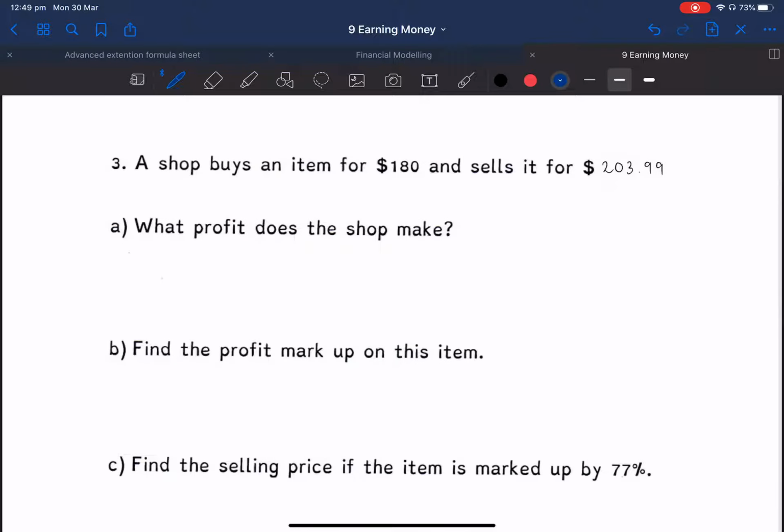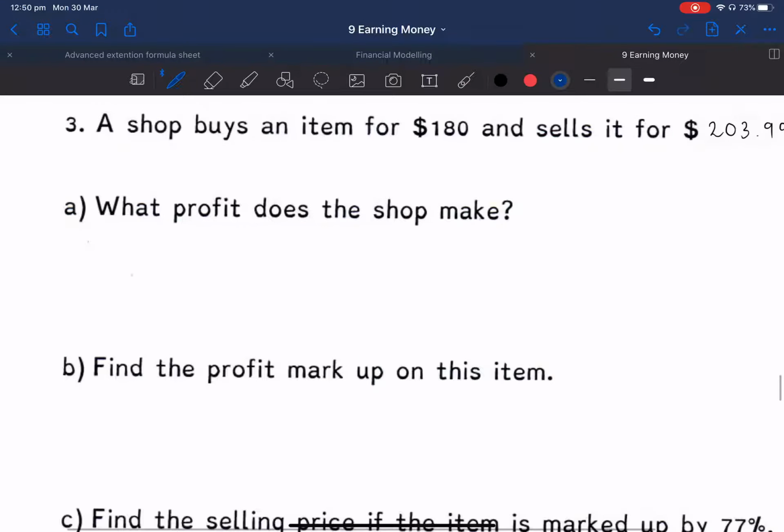All right, so part 3, a shop buys an item for $180. So maybe from a supplier, wholesale, they buy it in bulk, and then they sell each item for $203.99. What we want to know is what profit the shop makes. So the word profit is like extra money. Okay, it's how much extra did the store make by marking the price up.